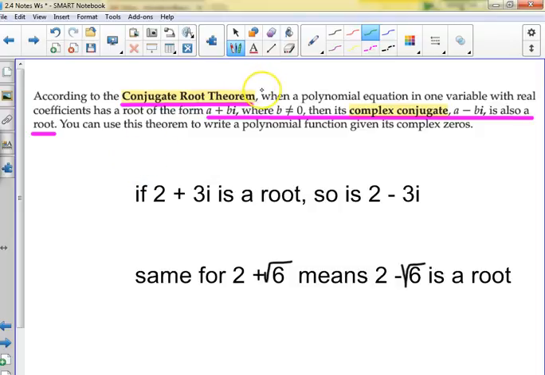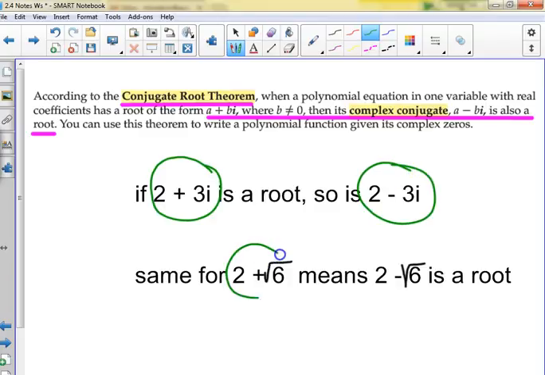The conjugate root theorem. Oh, this is not going to be your favorite idea, but it's not complicated. If you have an imaginary or irrational zero, then its complex conjugate, or its conjugate, is also a zero.